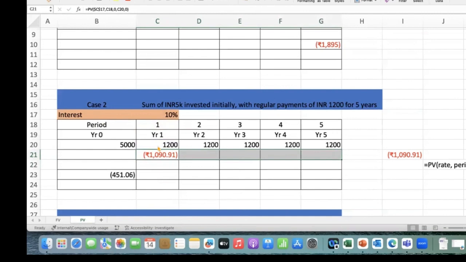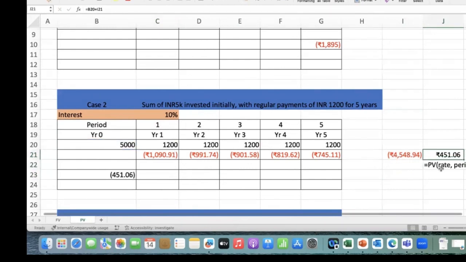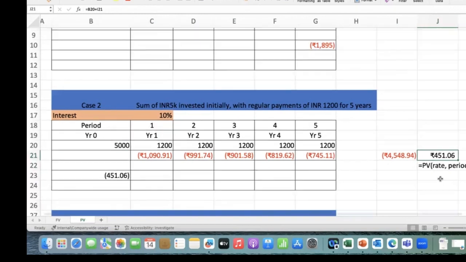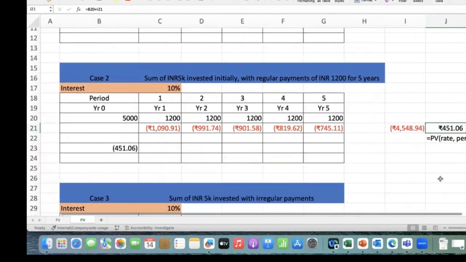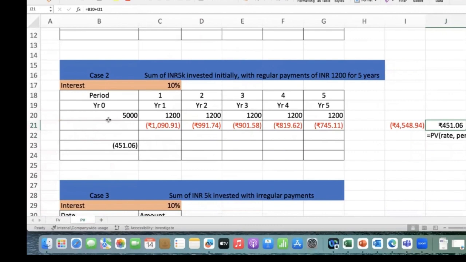Now, if I drag this to the right, this is 4548.94. And what is the difference? This one, it is 451.06, right? This is my net present value, the present value net of all future cash flows.